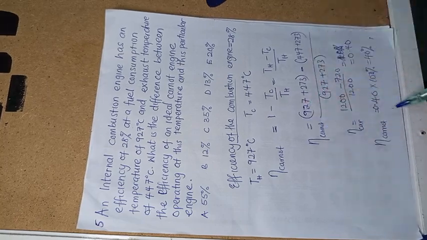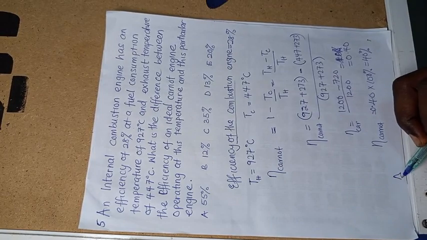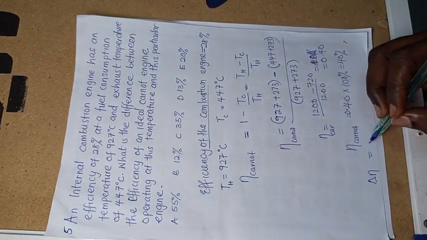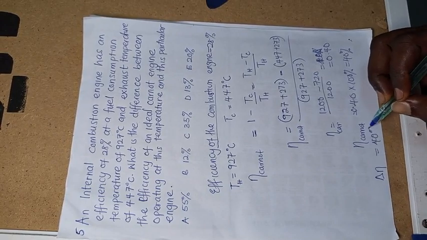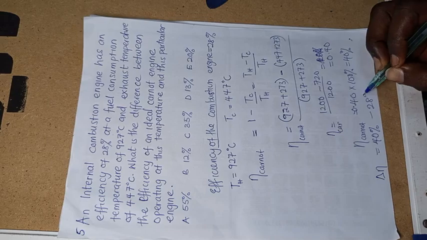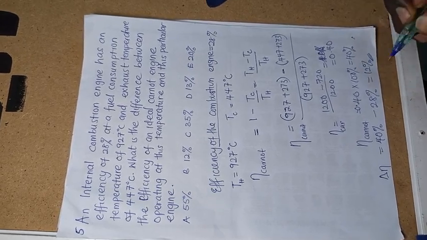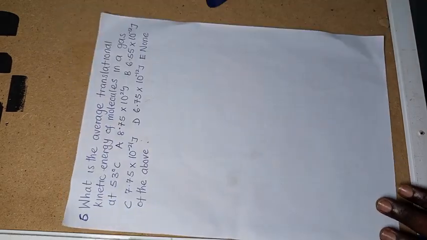So we now take the difference between this and this. What is the difference between the efficiencies? It will give us 40% minus 28%, which is 12%. That's the answer. So that is what I'm going to have, 12% on the dot.